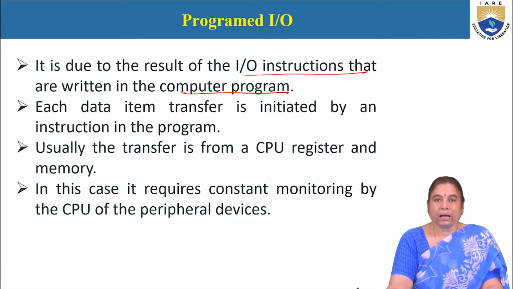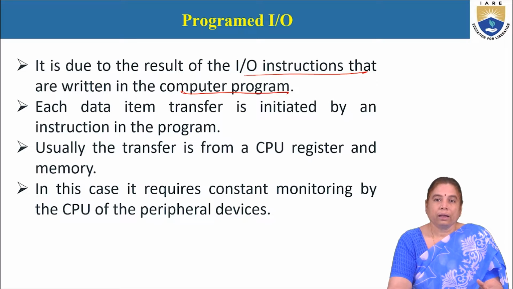Each data item transfer is initiated by an instruction in the program, and usually the transfer is between the CPU register and the memory. In this method of data transfer, constant monitoring of the peripheral devices by the CPU is required, to check whether data is available in the data register or not.